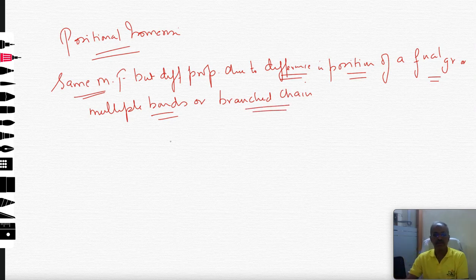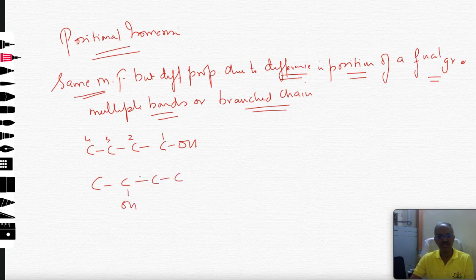For example, we will see an example of it. Take for example CH3CH2CH2OH. So at the first carbon atom there is the presence of a hydroxy group. It can also be written as CH3CH(OH)CH3.